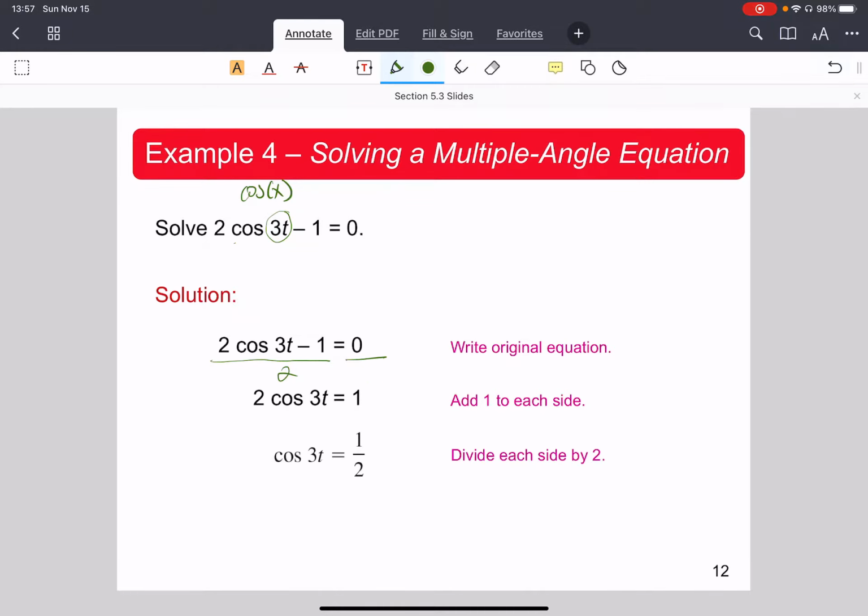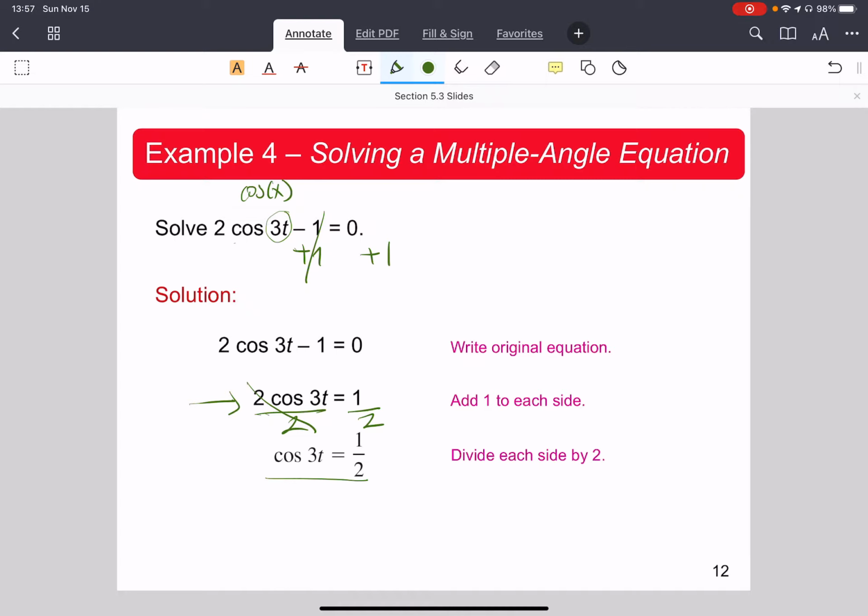Or wait, first we need to isolate 2 cosine 3t, so we need to add 1 to both sides so we can get rid of that 1. We did it right here. So we have 2 cosine 3t equals 1. Now I'm going to divide the left-hand side and right-hand side by 2, so I can isolate cosine 3t.